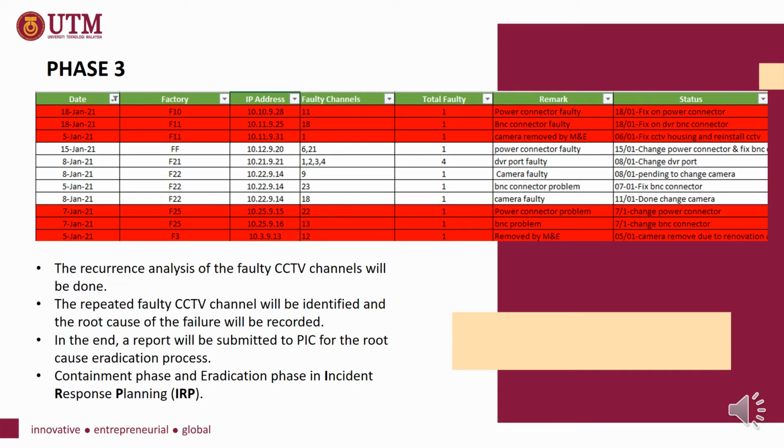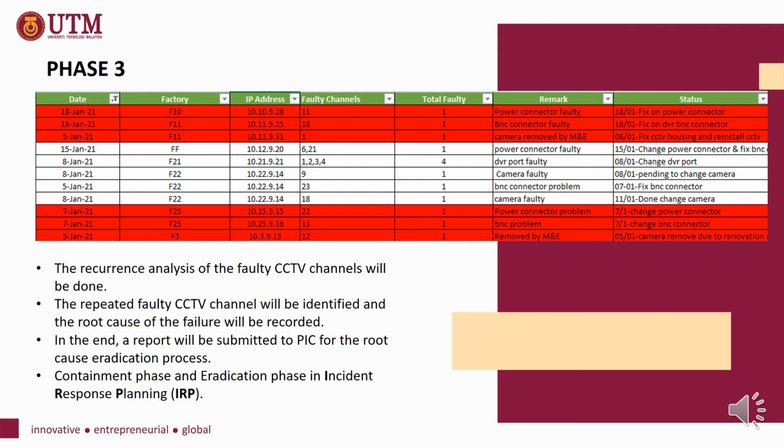Phase 3 is the most crucial part of the project. In this phase, the recurrence analysis of the faulty CCTV channels will be done. The faulty CCTV channels of the current month will be compared with the faulty channels of the previous months to identify the repeated faulty channels.